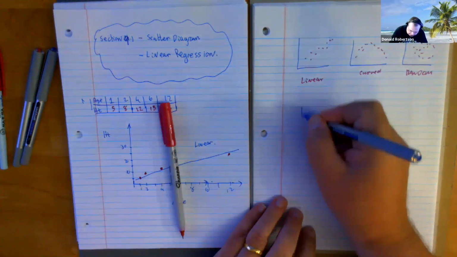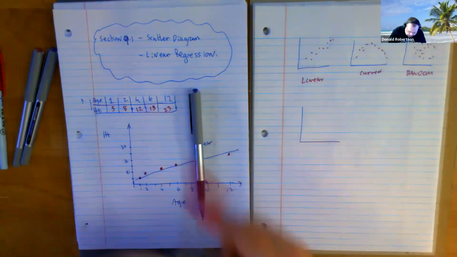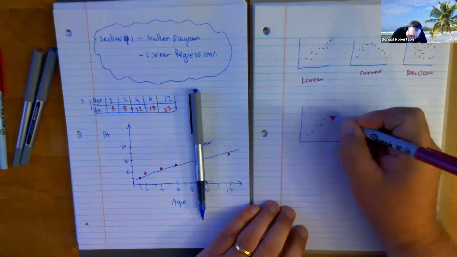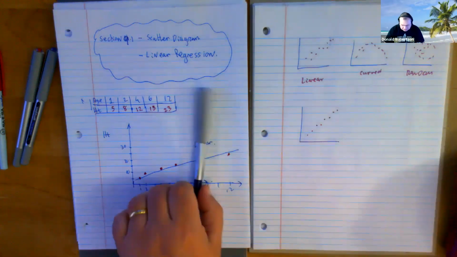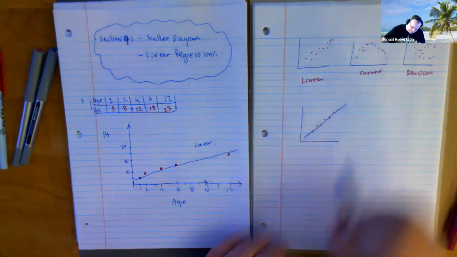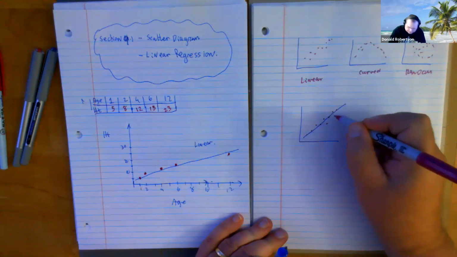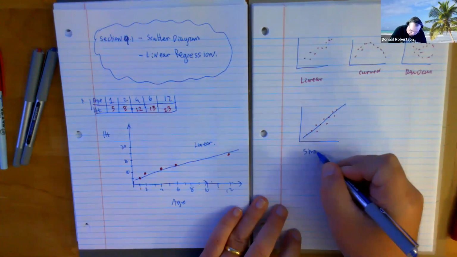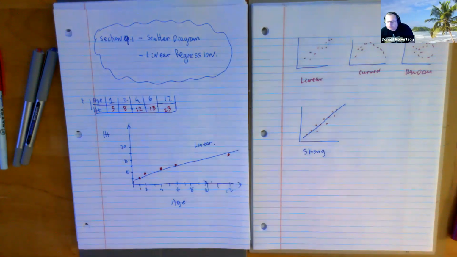Now, within linear, can you imagine a set of data points that, although not perfect, are very close to being a single straight line? I'm going to put a couple of dots down here. We would say that was a strong relationship or a strong correlation.